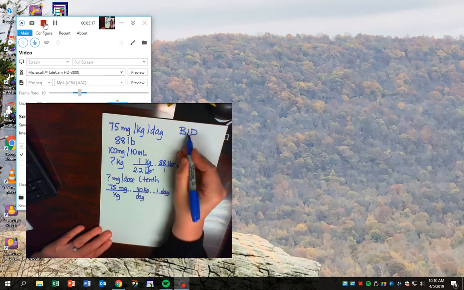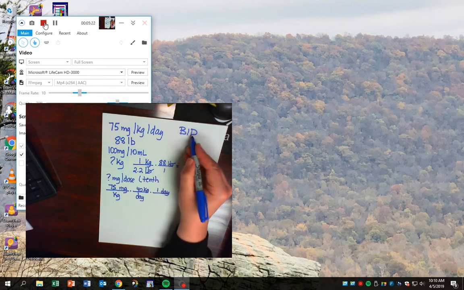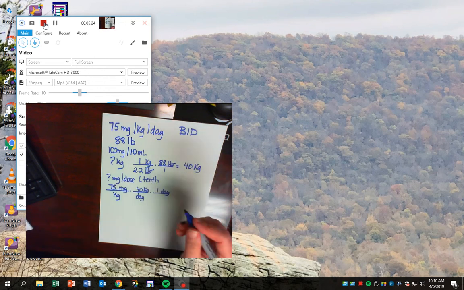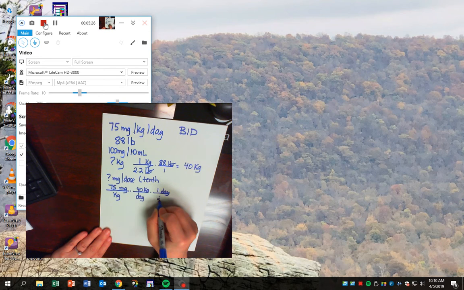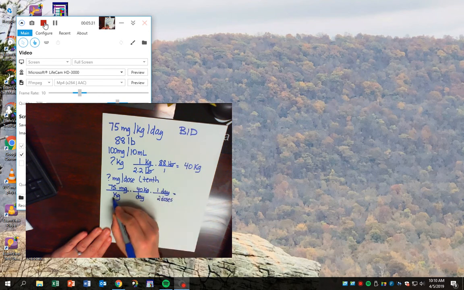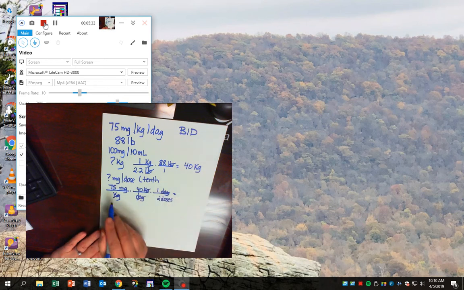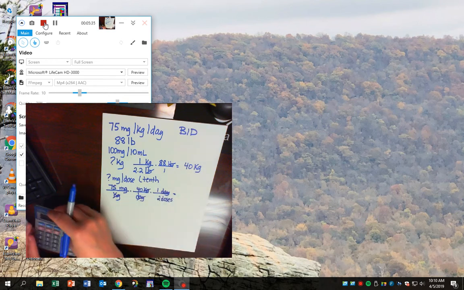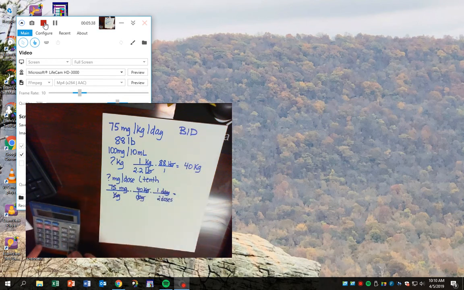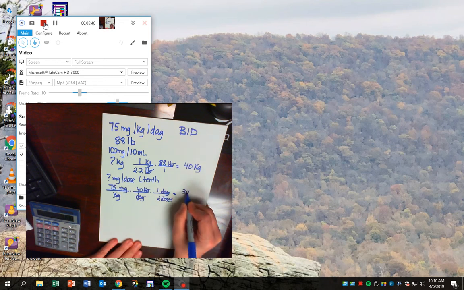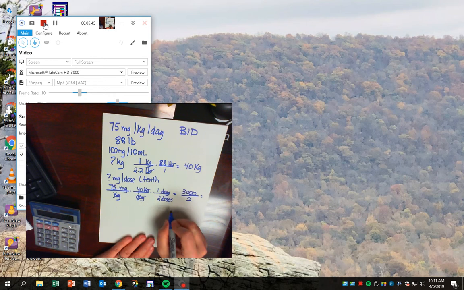And in 1 day, I need to give BID, which you have to know means 2 times a day, ultimately 2 doses in a 24-hour period. Kilograms cancel out, days cancel out, leaving 75 times 40, which gives us 3,000 divided by 2, giving us 1,500 milligrams per dose.